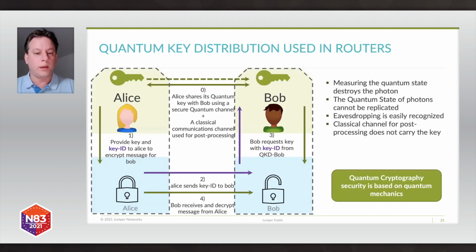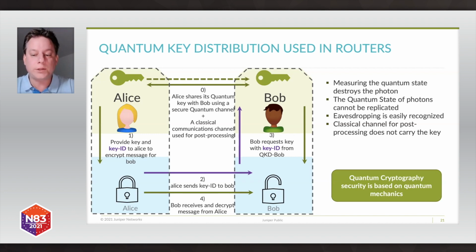So the next step, obviously, is that there are two devices on Alice's side and Bob's side that actually have generated a key. The next step then is for our routers or firewalls or servers to actually start using that key.